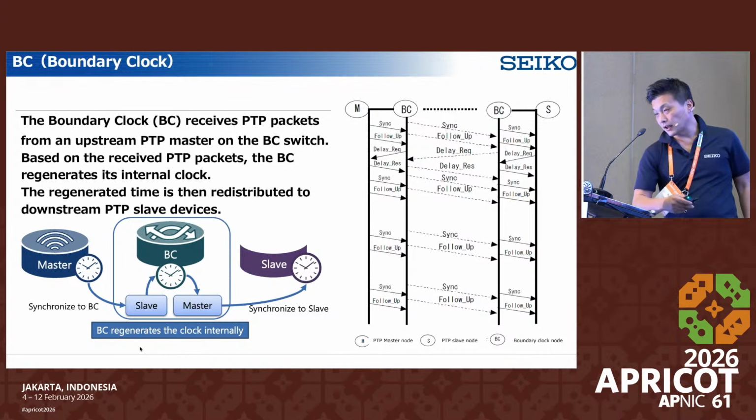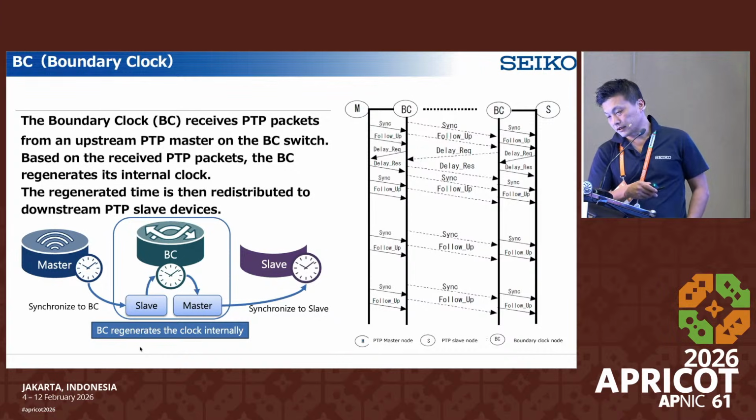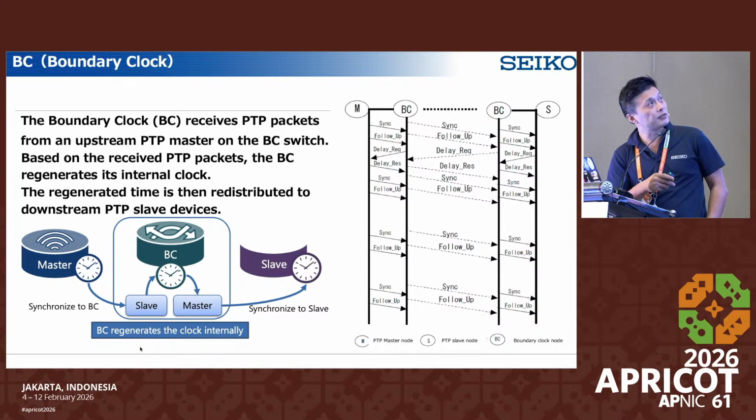Okay, let me explain how a boundary clock works. A boundary clock receives PTP packets from an upstream master. Based on those packets, it synchronizes and regenerates its own internal clock. Then the generated time is redistributed to the next hop, and finally to the slave devices.